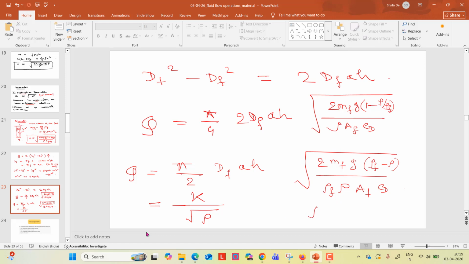Because rho f is greater than rho. As rho f is greater than rho, when it is in the denominator, the term becomes very insignificant. So we are considering only the rho. So this q is almost equal to k by delta rho.